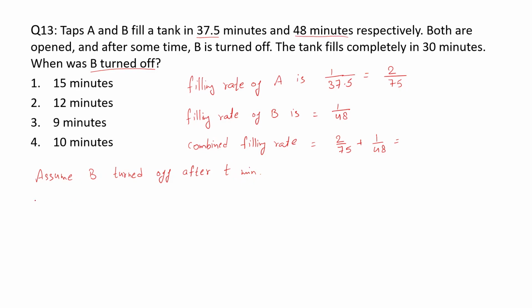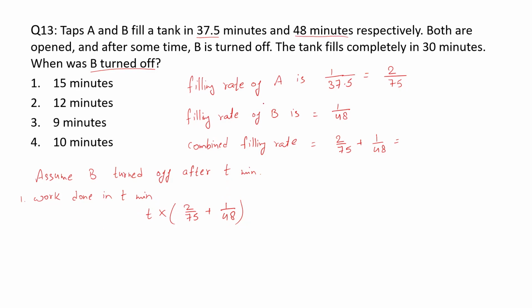So now, how much work must have been done in T minutes? Because till T minutes, both were opened. So work done in T minutes is T into the combined rate of both, 2 upon 75 plus 1 upon 48, right? This much work must have been done in T minutes, because till T both were opened, but after T, B is turned off.